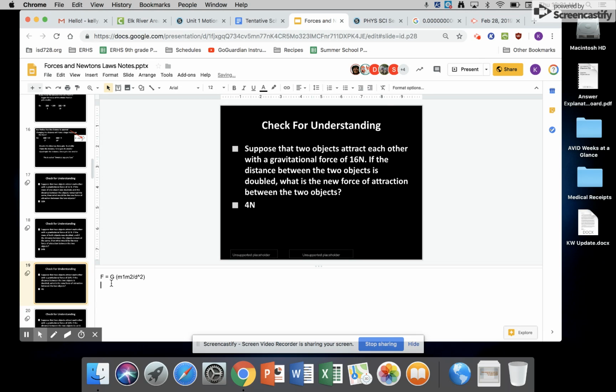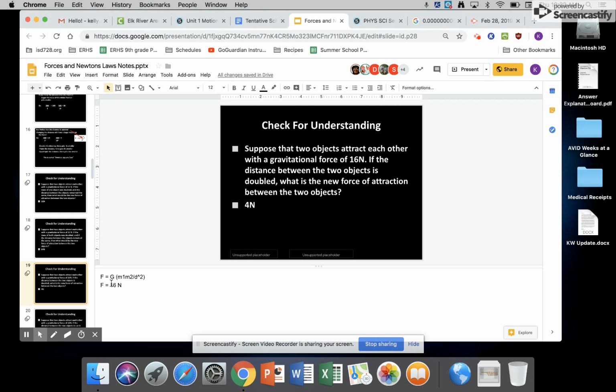Okay, we're always starting with the same 16 newtons, it looks like. Suppose that two objects attract each other with that 16 newton force. If the distance between the two objects is doubled, what is the new force of attraction between the two objects? Remember, separating the objects more weakens the overall attraction, but it's weakening it in a squared fashion.